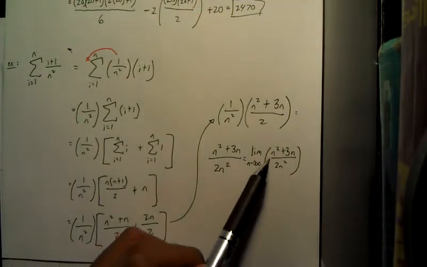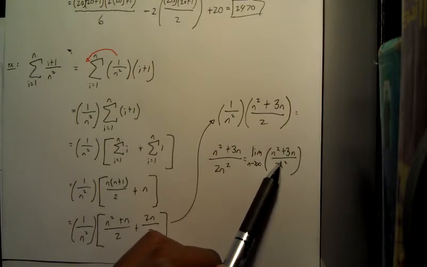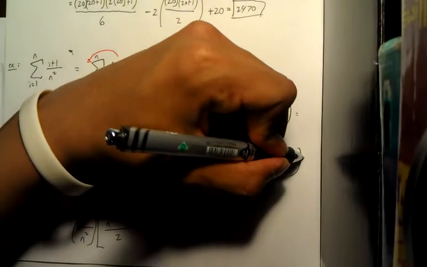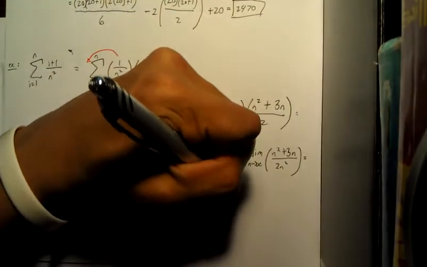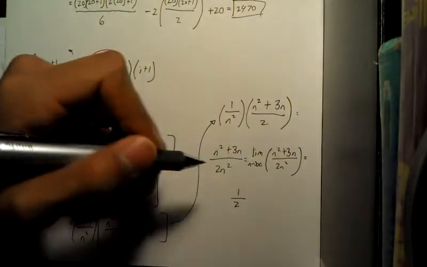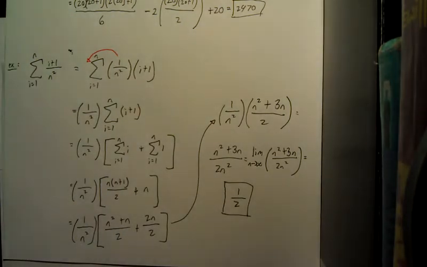And if you can recall, when you have equal powers in the numerator and denominator, then the answer is just going to be a ratio of the coefficients of those variables. So the answer in this case is going to be 1/2.